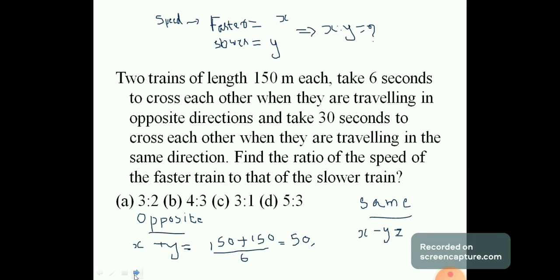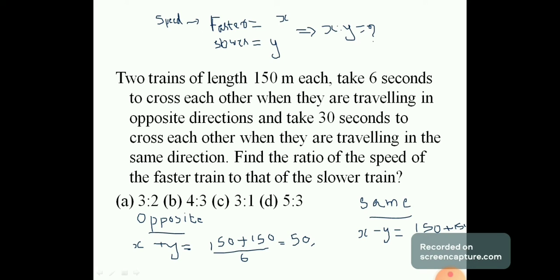So 300 by 30 is equal to 10 meter per second.